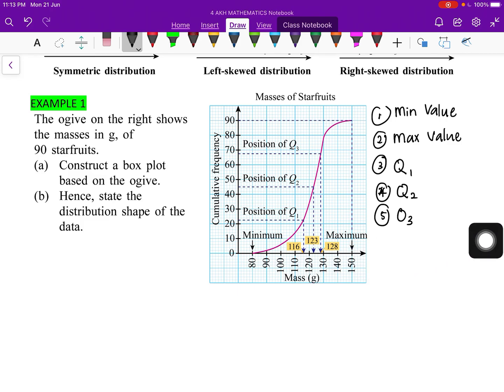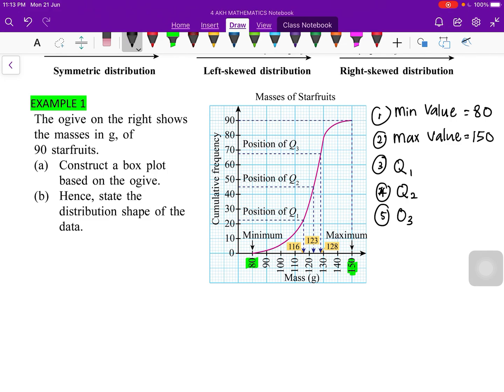Although dia punya cumulative frequency adalah 0, but still kita assume this will be our minimum value. So, minimum value is 80. Alright, hence, maximum value will be the highest point of our ogive, which is 150.